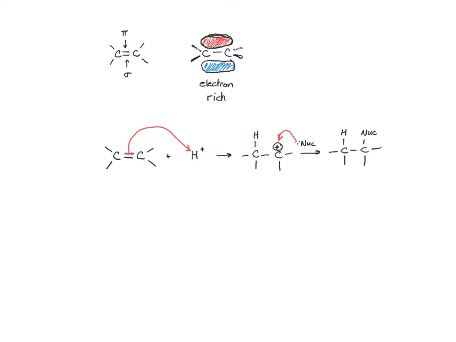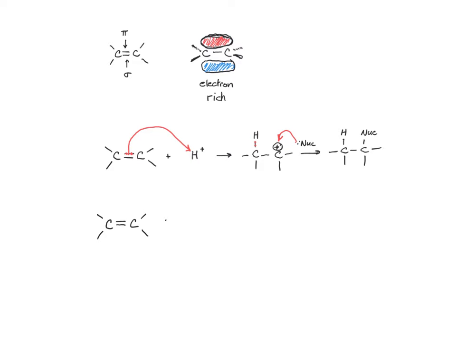Alright, so now if we look at this slightly differently, instead of looking at it as the alkene being reacted with something that is truly positively charged like a proton, which we know is not a typical situation because ions don't usually just exist by themselves.